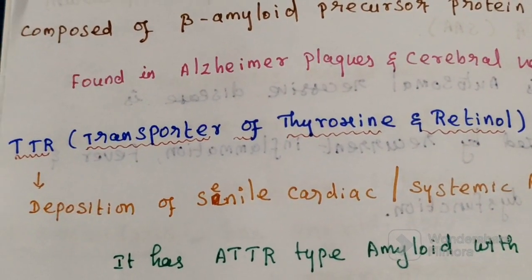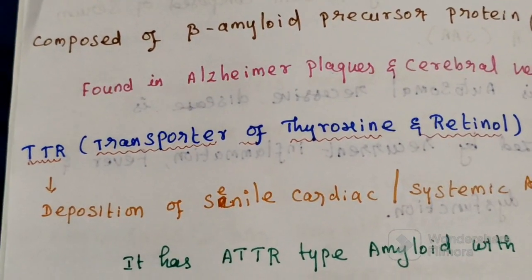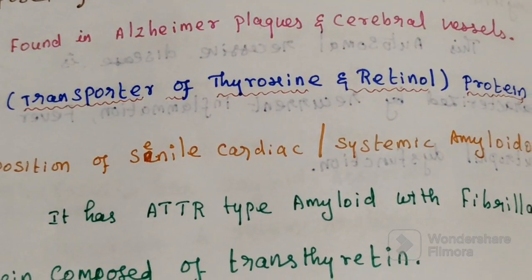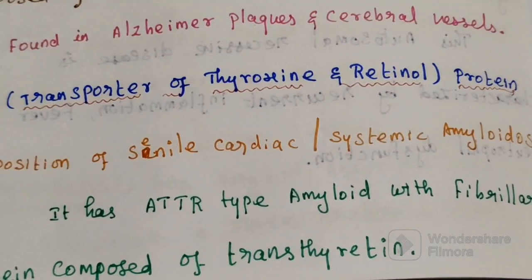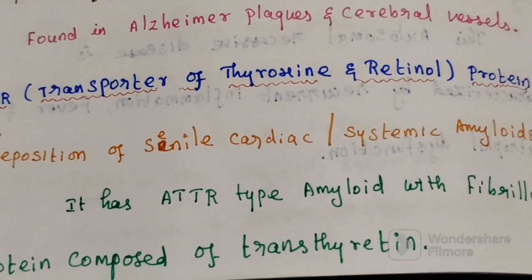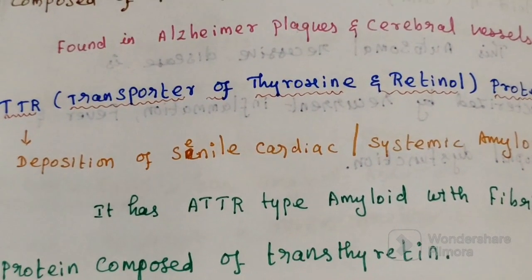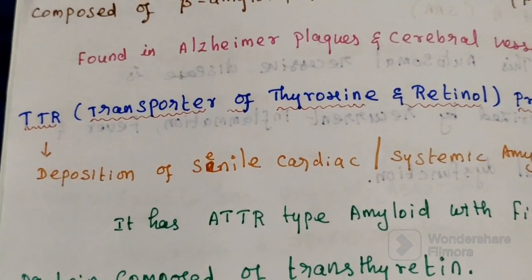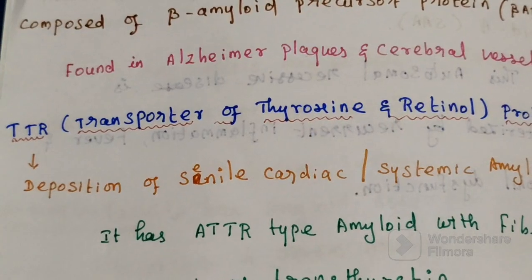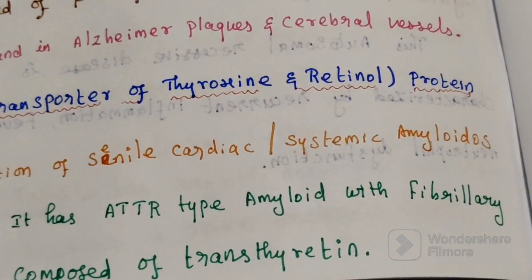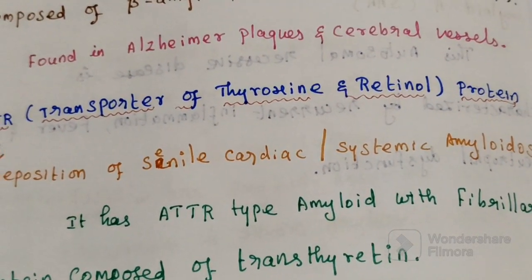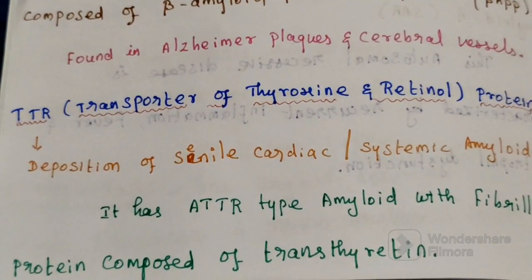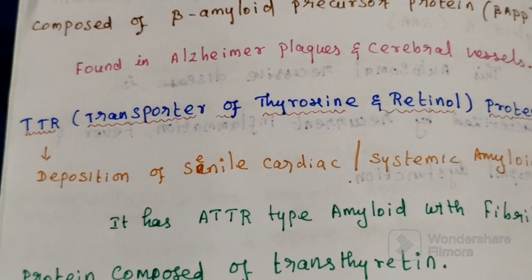Its deposition causes senile cardiac and systemic amyloidosis, with fibrillary protein composed of transthyretin.